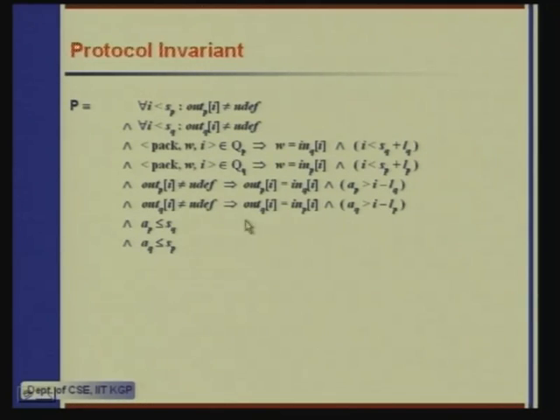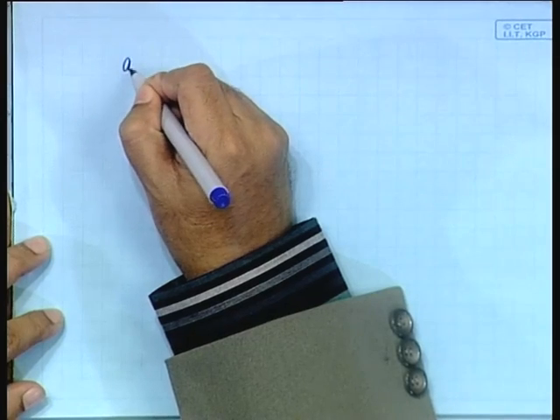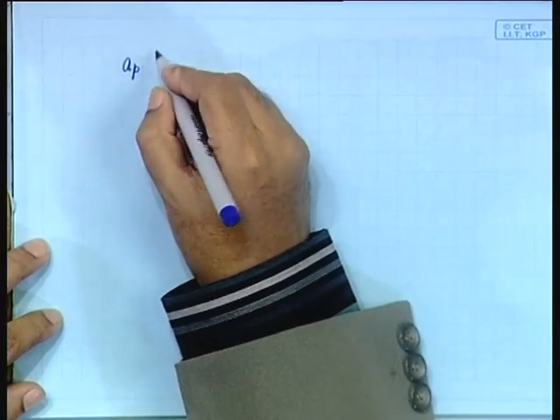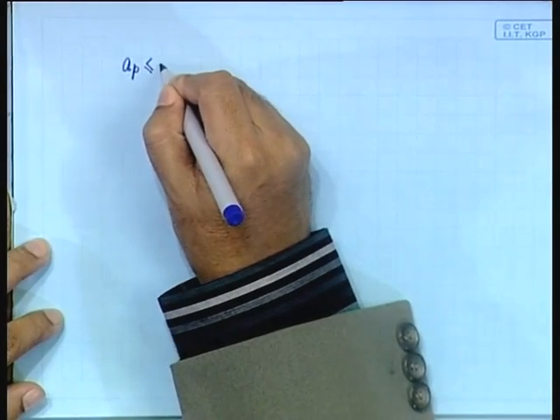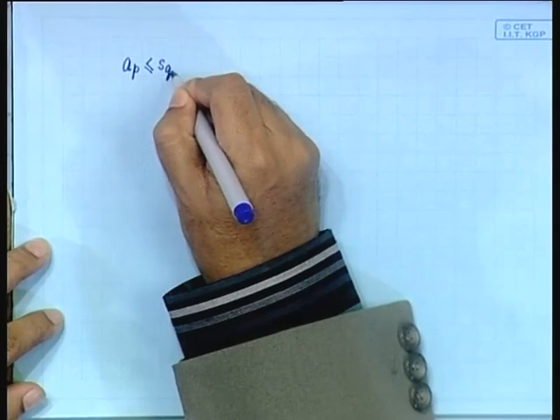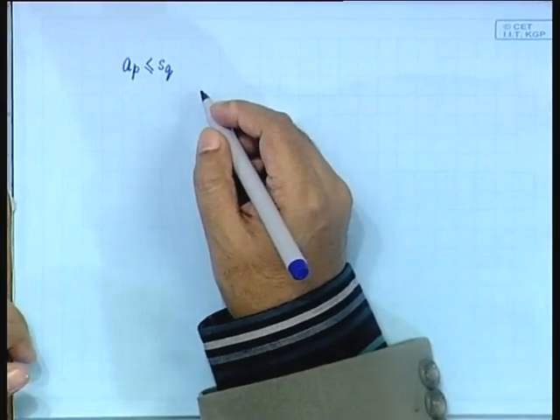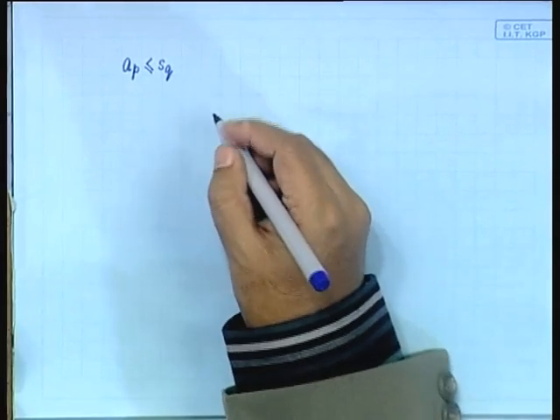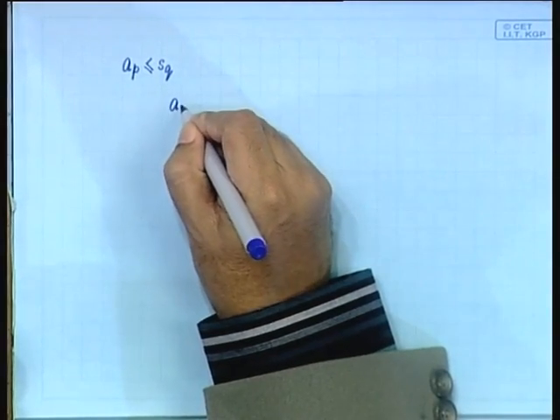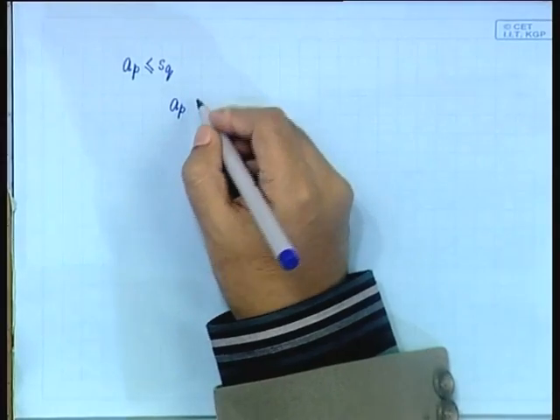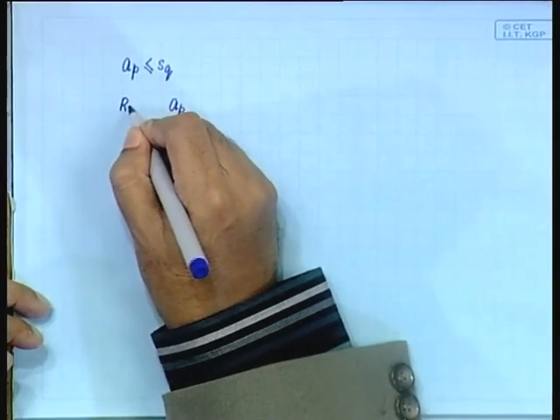Now, let us look at the last one. We want to check AP less than or equal to SQ. Now, how is AP used in RP?